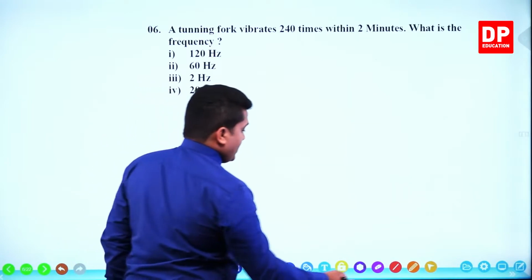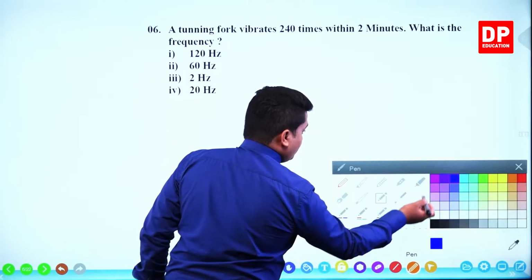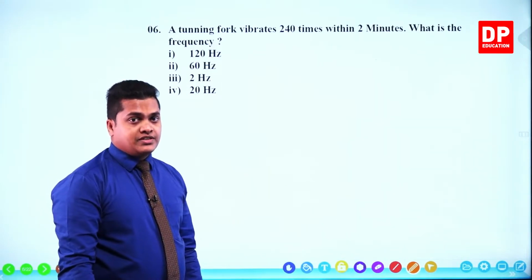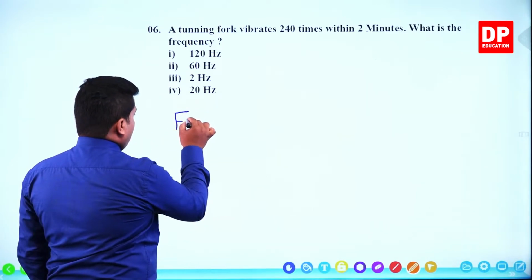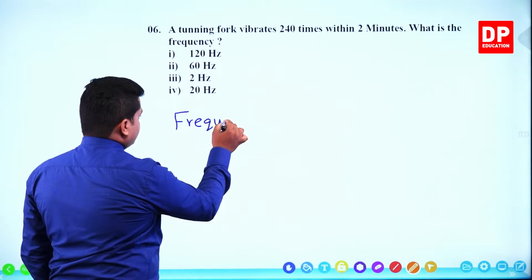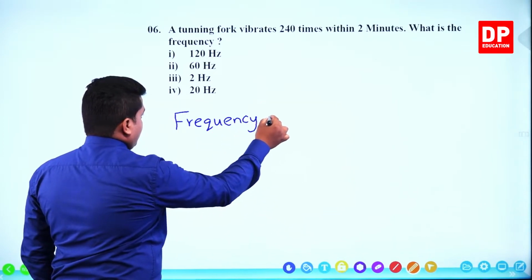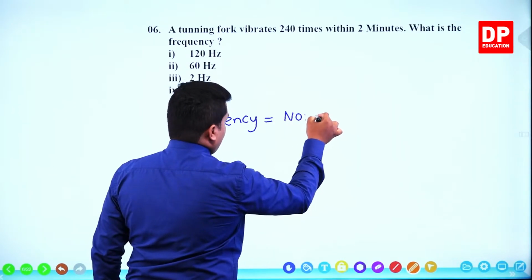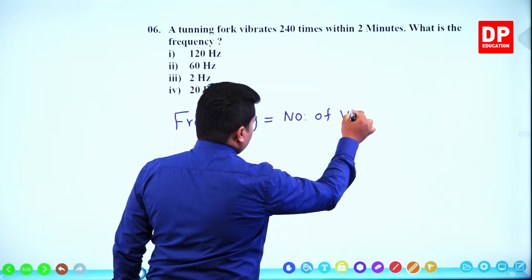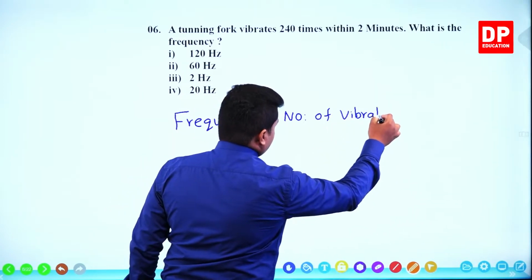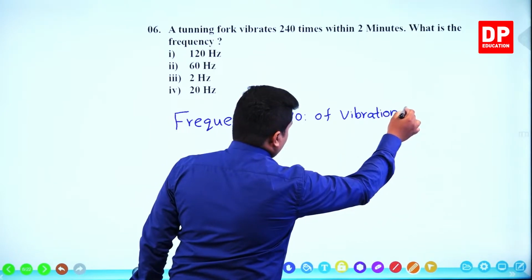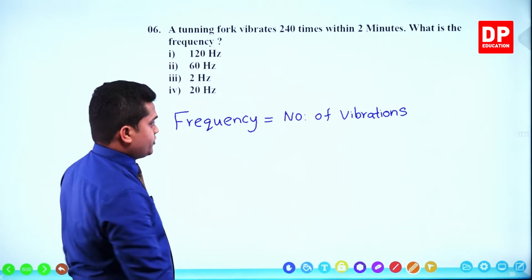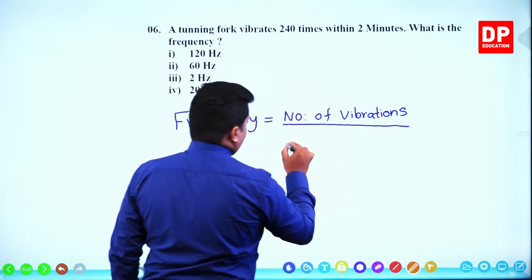So let's remind ourselves what the formula is to find frequency. Frequency is equal to number of vibrations divided by the time taken.